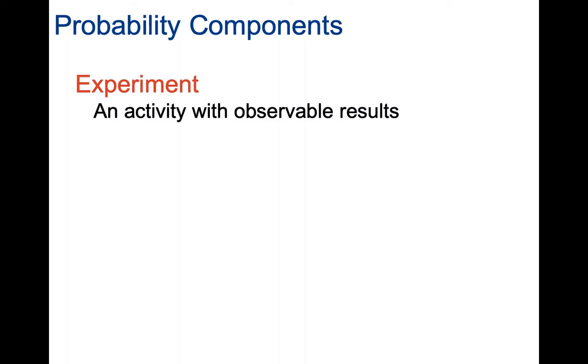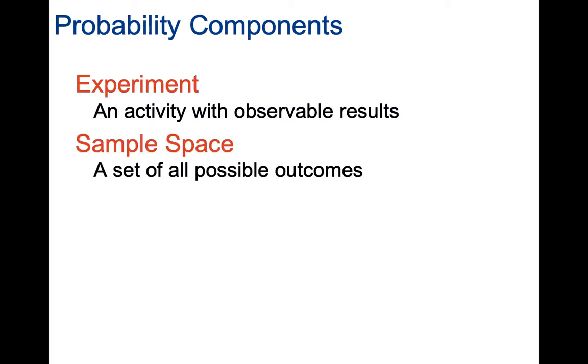All right, so what are the components of probability? Understanding the problem, trying to deconstruct this problem, right? So it has to be an activity with observable results. If we can't observe the results, then we can't calculate a probability. There has to be what we call a sample space, which is the set of all possible outcomes, okay? So if we go back to the dice roll, the sample space would be the 1 through 6.